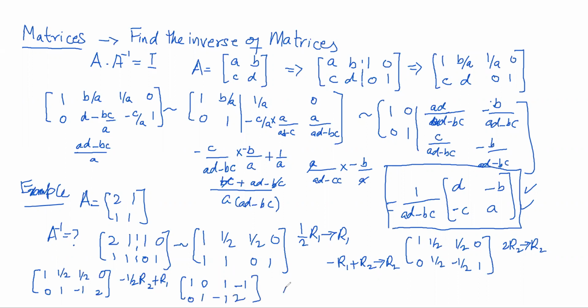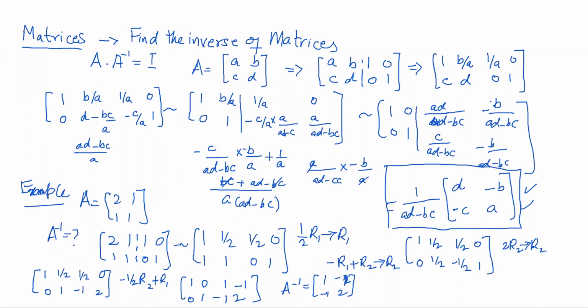So therefore, we will find that A inverse in this case is 1, minus 1, minus 1 and 2. So if A is 2, 1, 1, 1, then the A inverse we have found out is 1, minus 1, minus 1 and 2.